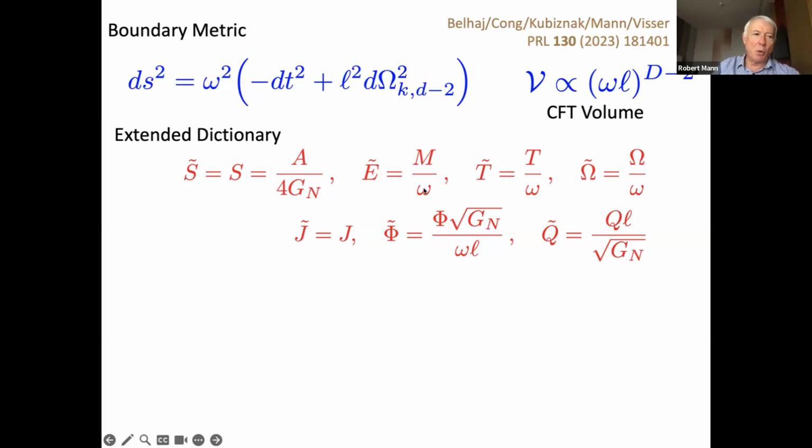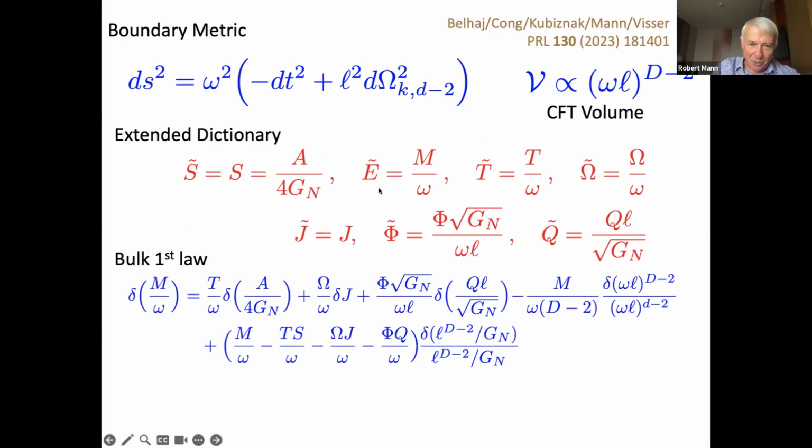Implicitly, people choose omega to be 1 by making the radius the AdS length, but that's not necessary. And when you lift that assumption that people generally make, you get this kind of dictionary here. And so now you can vary m over omega, and you discover you get this relationship here from the bulk first law.